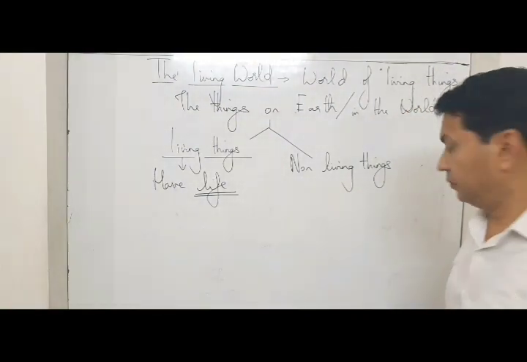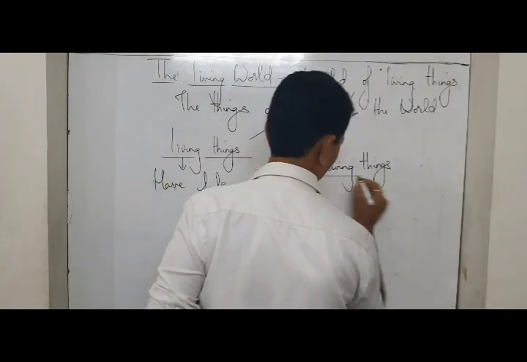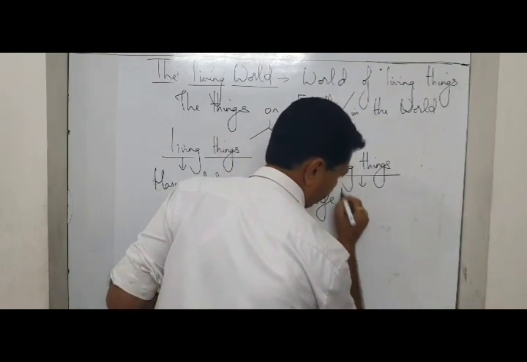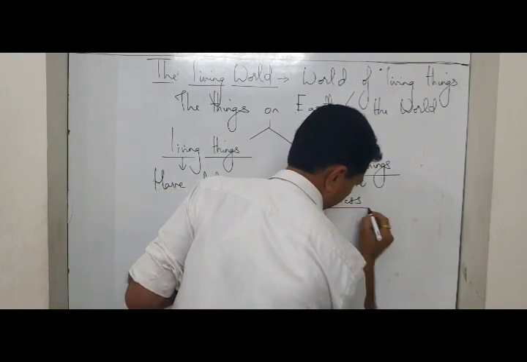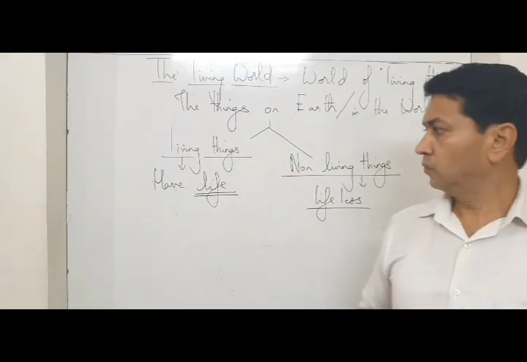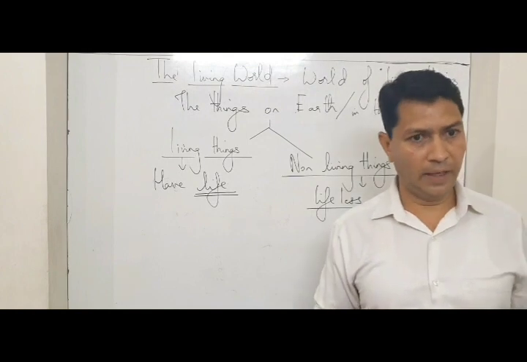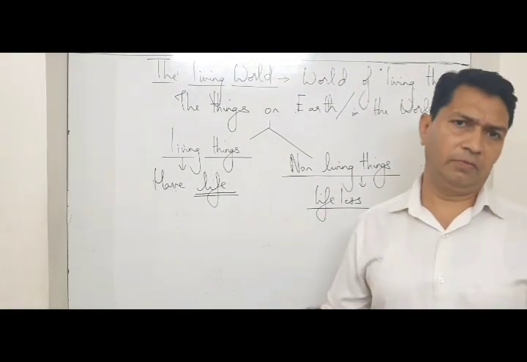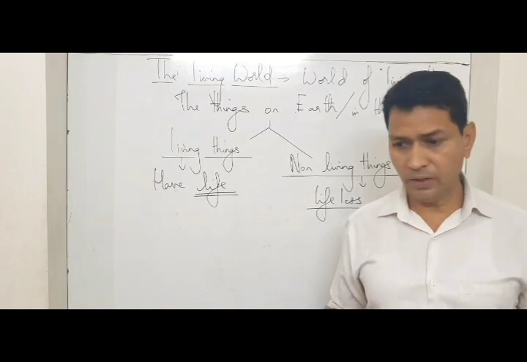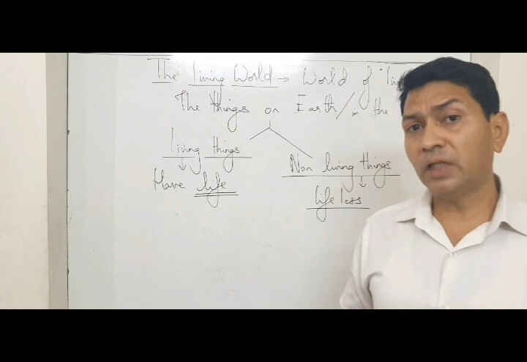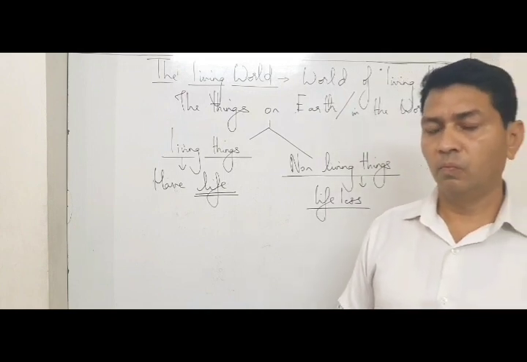And the non-living things are defined as lifeless. Living things are the things which have life. The non-living things do not have life. Right? Okay, fine. That's understood. Rather, it is accepted. What is life?